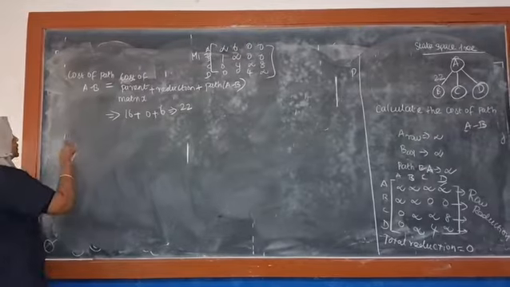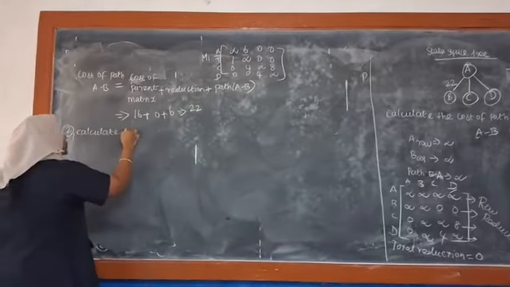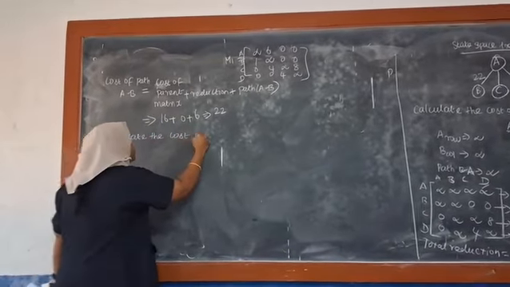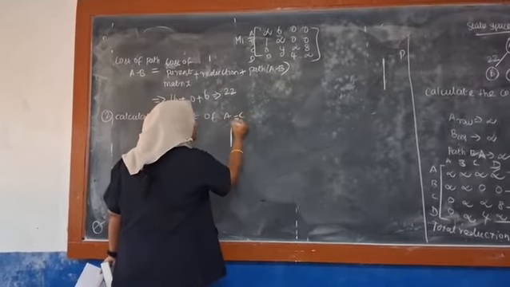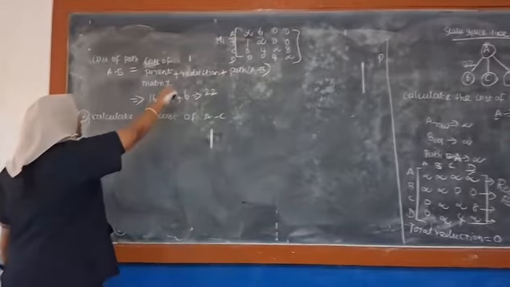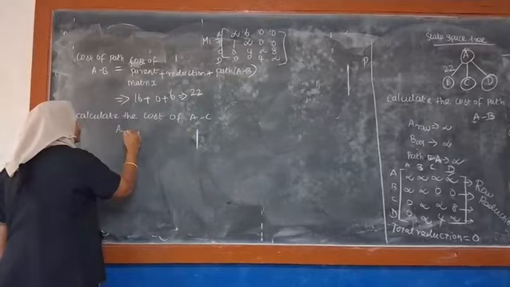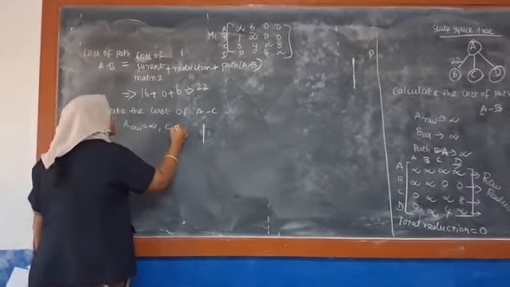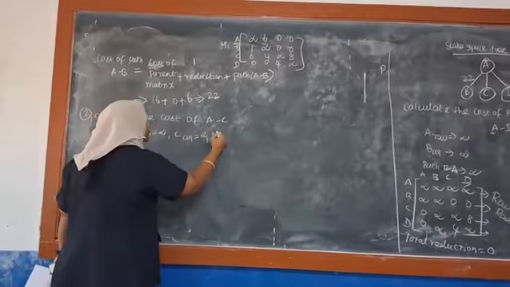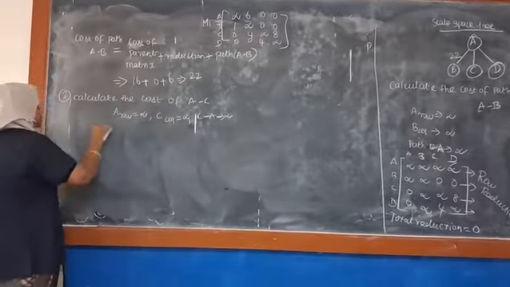Now we have to find out the second thing. We have to calculate the cost of A to C. So now you just take this matrix, and here again the same thing: A row, C column infinity, and then C to A has to be infinity.